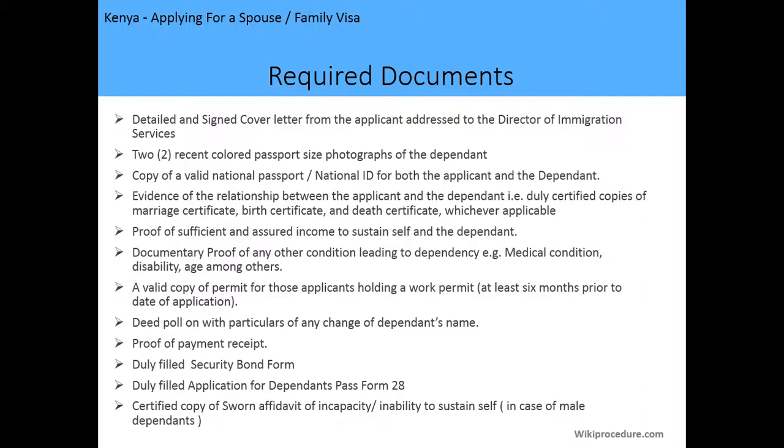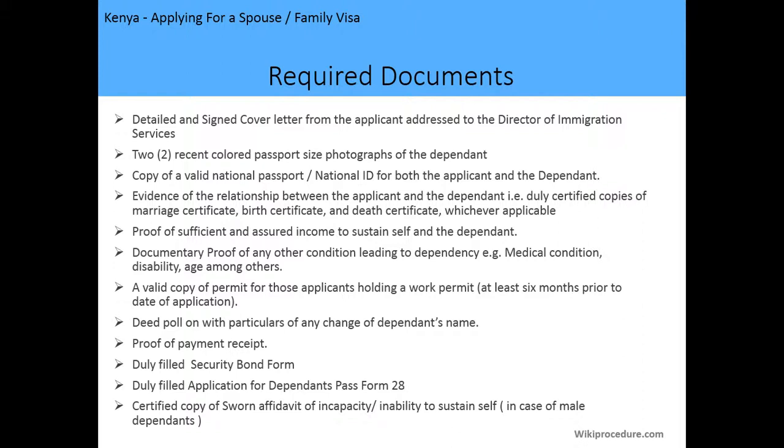You need proof of sufficient and assured income to be able to sustain yourself and the dependent. You need to show proof of any other conditions which lead to the dependency, for example, a medical condition, disability, age, among others. You need also a valid copy of the permit for those applicants who hold a work permit.